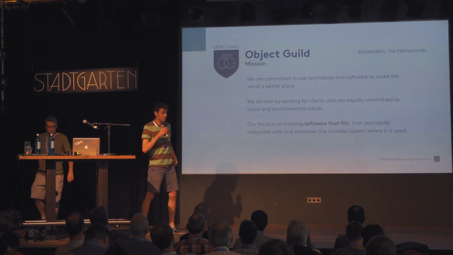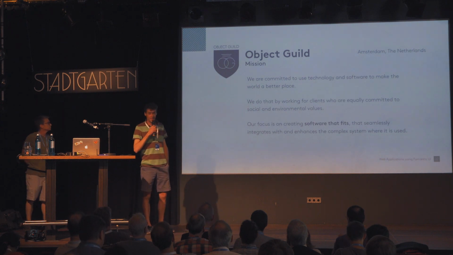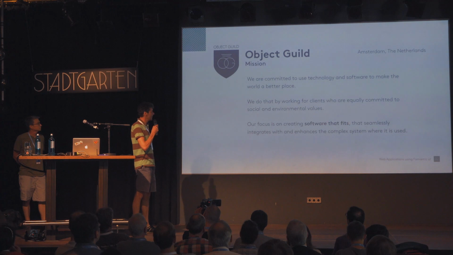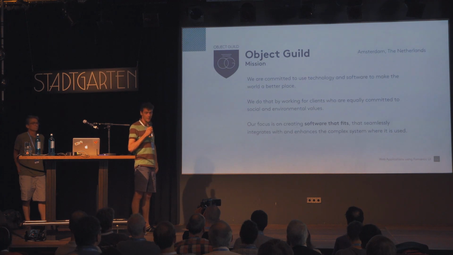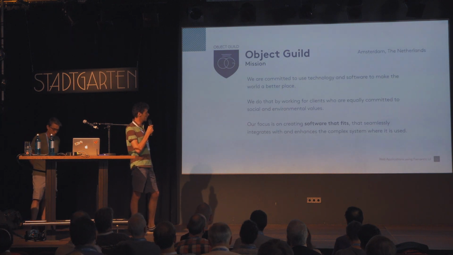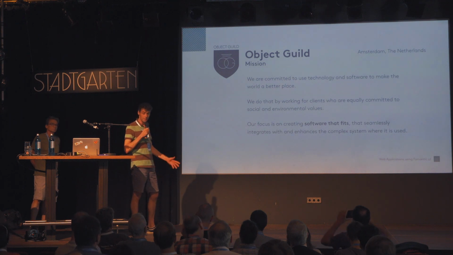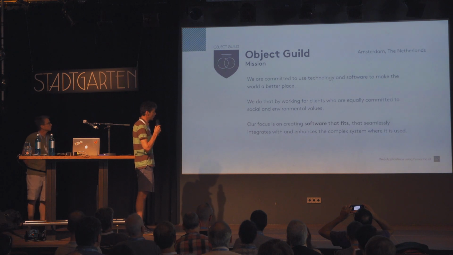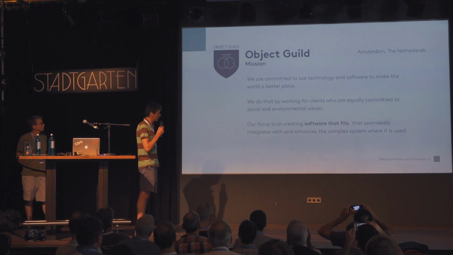Hi, my name is Jonathan. So as Don said, we recently started the company in June, and one of the ways that we try to differentiate ourselves from other software companies is that we specifically target clients that are committed to social and environmental values. So that's something that we'd like to point out.